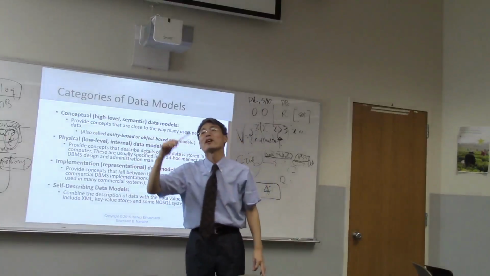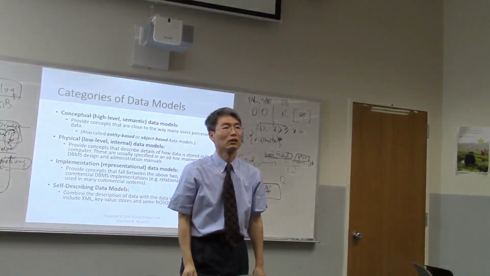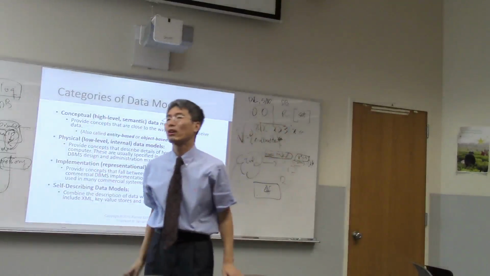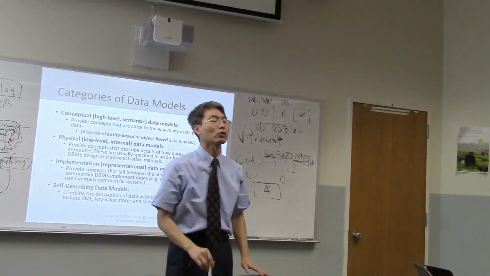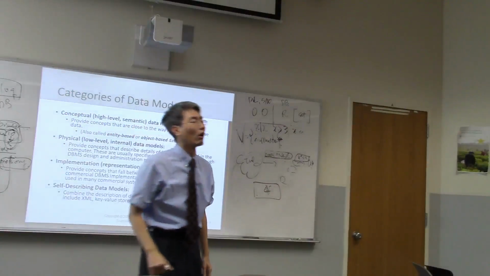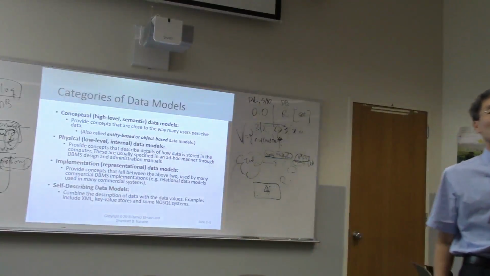Why is it called the semantic level? Meaning is important. Character type, integer type, no, we don't care. Meaning, for example, in the university. So we have all the information about the university. Our goal is to build a university database.